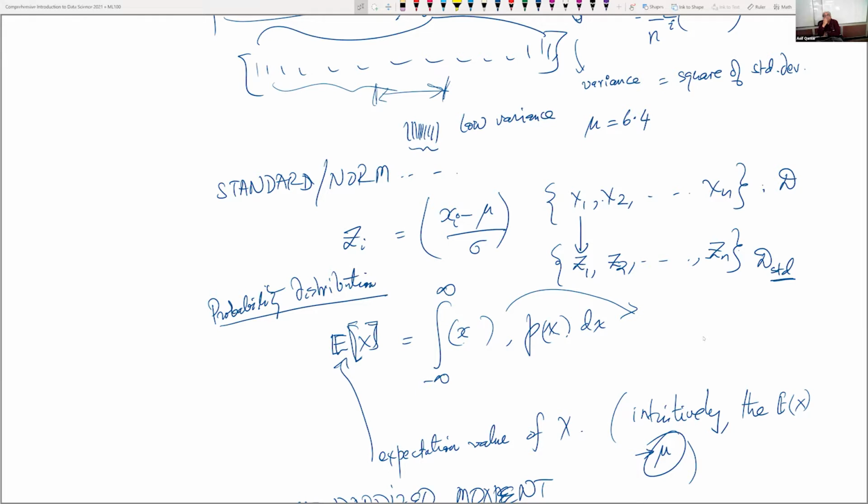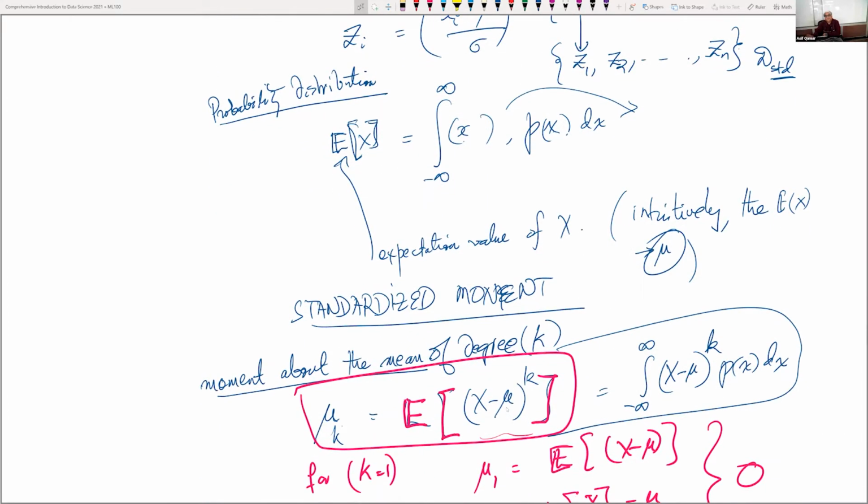So it is the weighted average of values. It is basically what you expect an elephant to weigh. That's why it's called the expectation value. It is represented as this integral, and more intuitively, think of it as just the average value that you expect for the random variable.